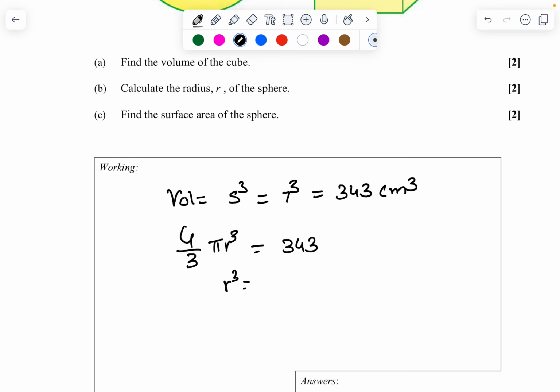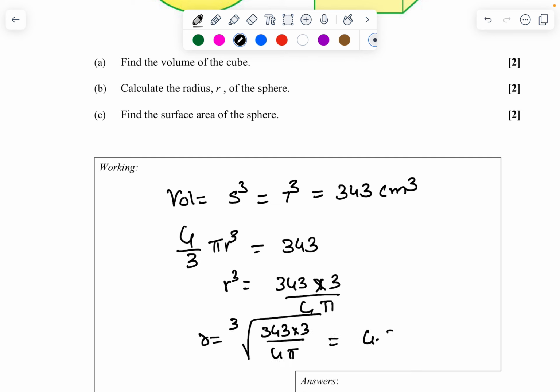So r cube equals 343 times 3 divided by 4 pi. r equals cube root of 343 times 3 divided by 4 pi. You'll be getting 4.342, or 4.34 centimeters.